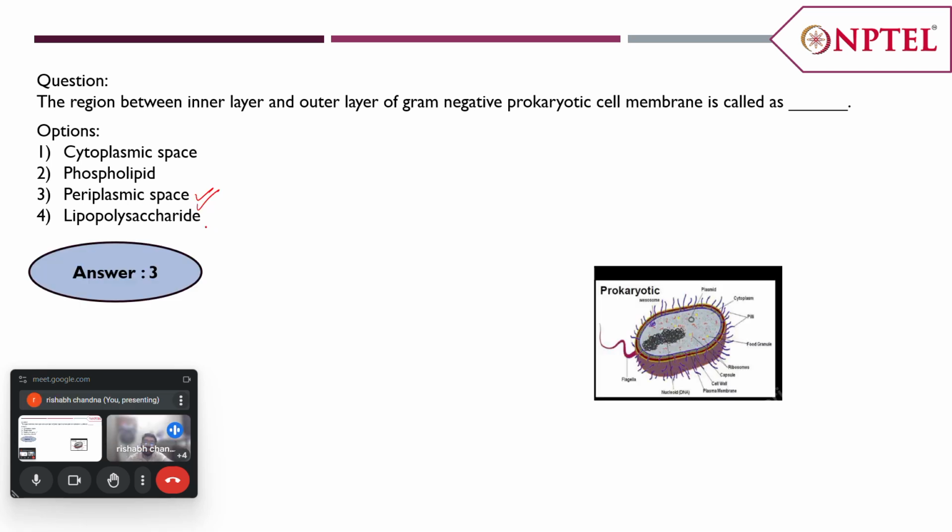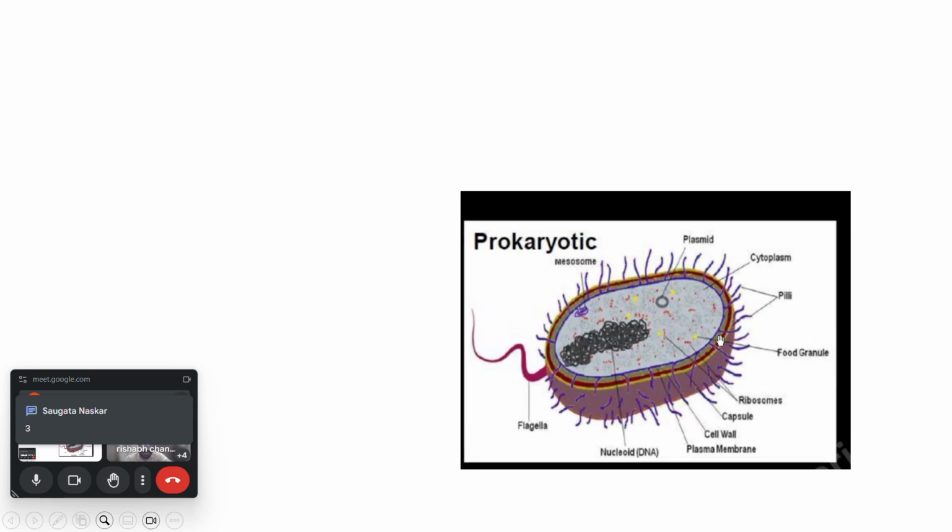Okay, and again, if we can see here, what happens in this case, this is the outer membrane, in yellow. Okay, then comes the cell wall, that is shown in red, and then comes the wall that is called the plasma membrane.